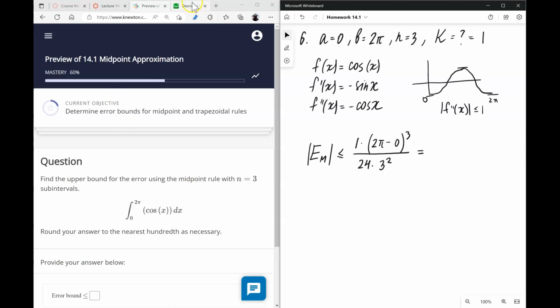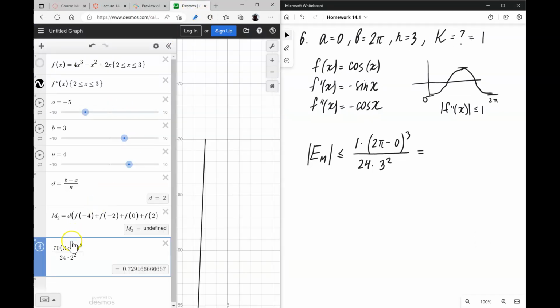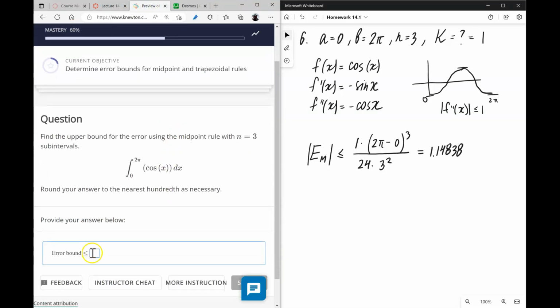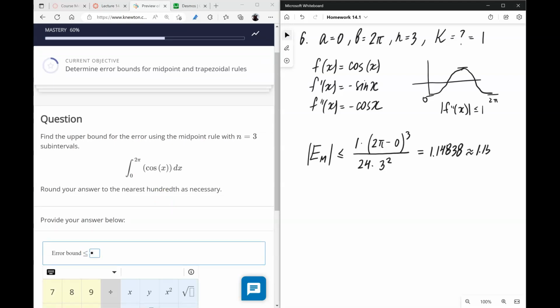To compute this, again, I'll use the Desmos calculator. So we're going to have 1, 2 pi, 0, 3. It's going to be 1.14838. And I'm pretty sure we had to round to the nearest hundredth, so the final answer will be 1.15.